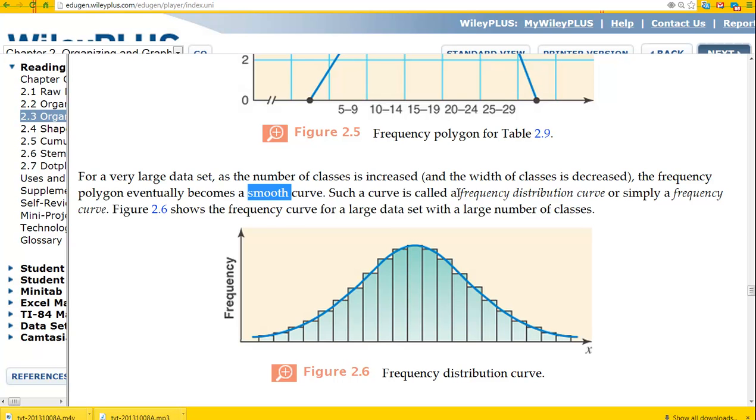Such a curve is called a frequency distribution curve. So instead of calling it a histogram, we call it a frequency distribution curve. When it gets smooth, we refer to it as a frequency distribution curve, or simply a frequency curve. Figure 2.6 shows the frequency curve for a large data set with a large number of classes.